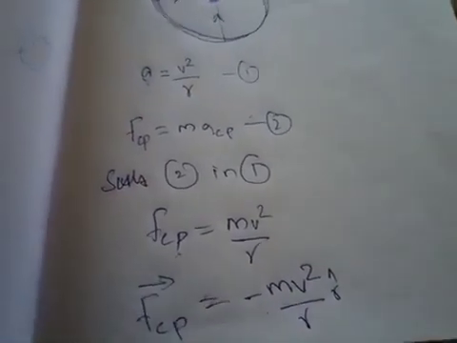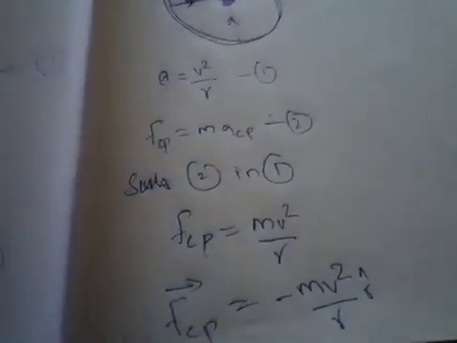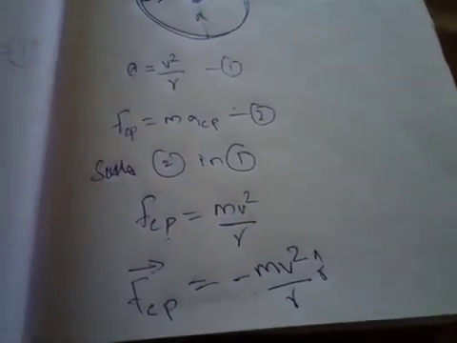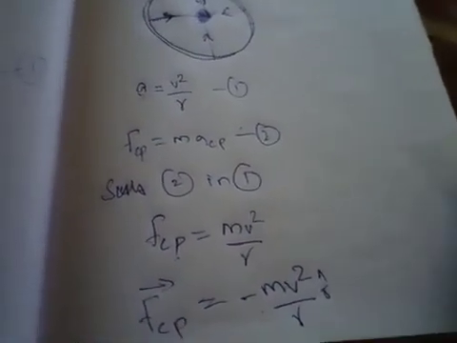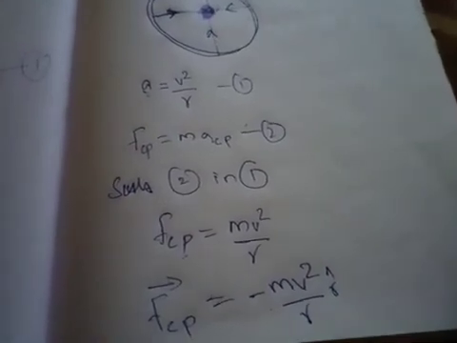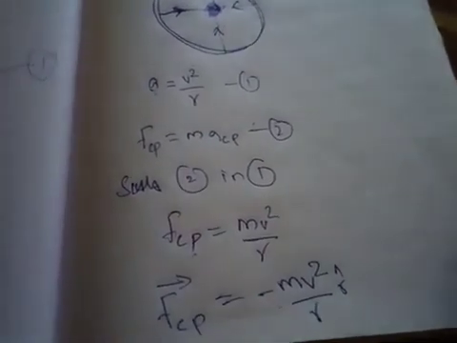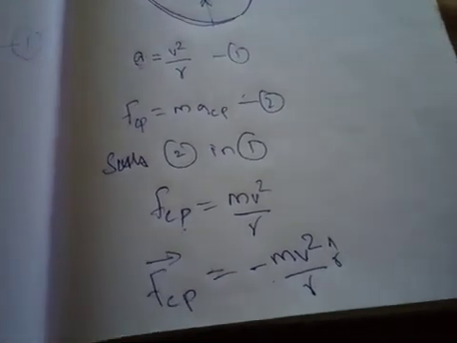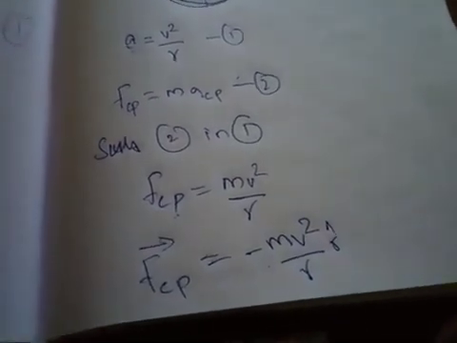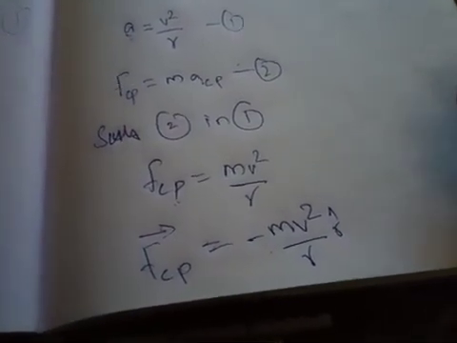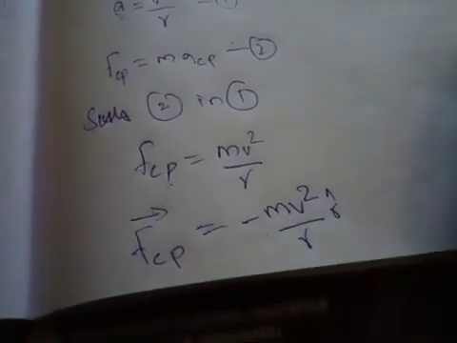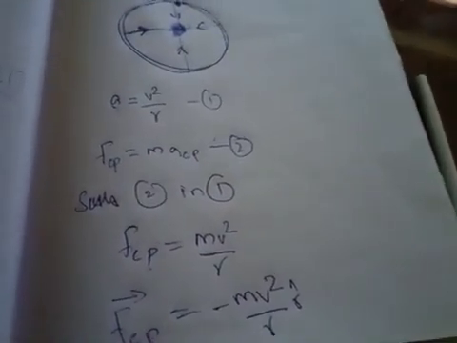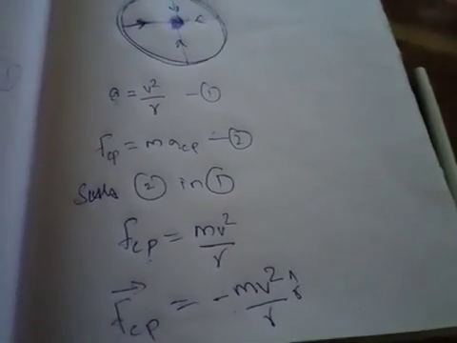Now you have to know some facts about this centripetal force. Actually, we know that many forces are arising, like gravitational force. This gravitational force is arising from the earth, then frictional force, then tension force, Coulomb force.